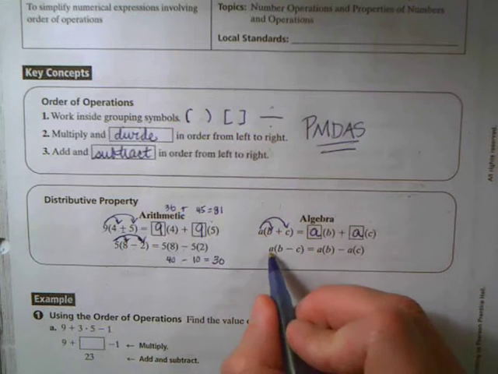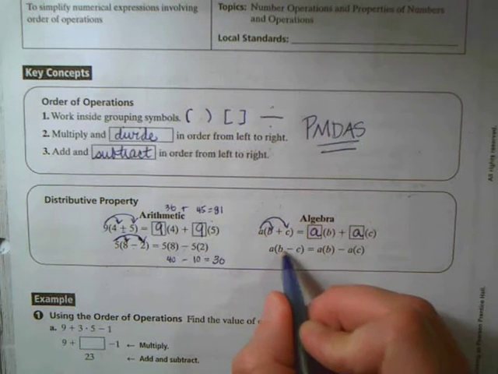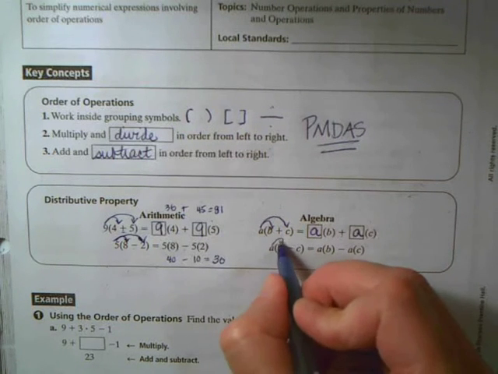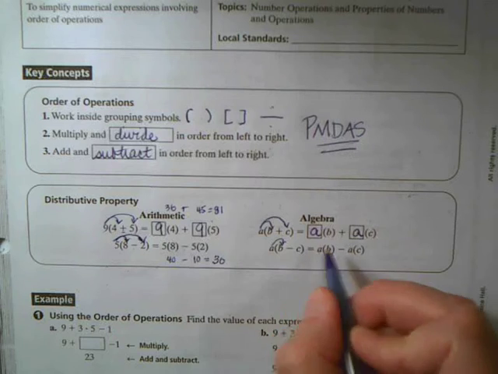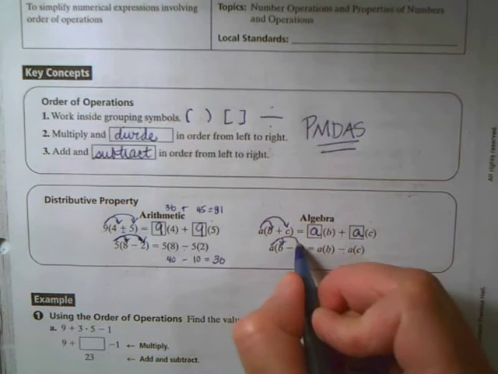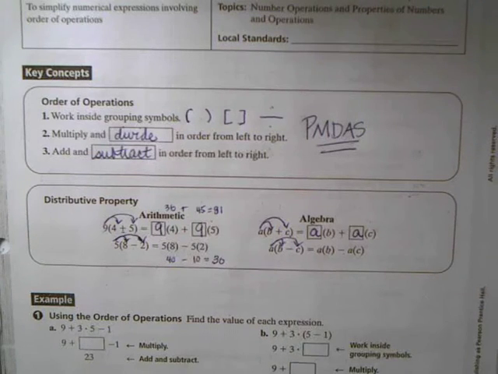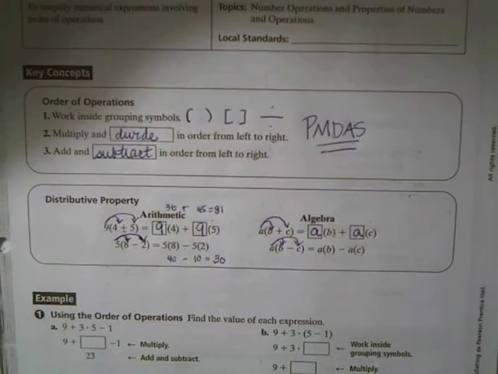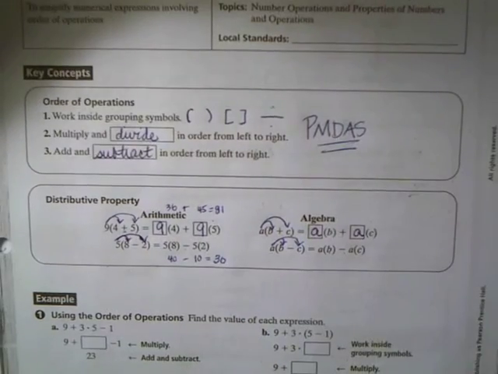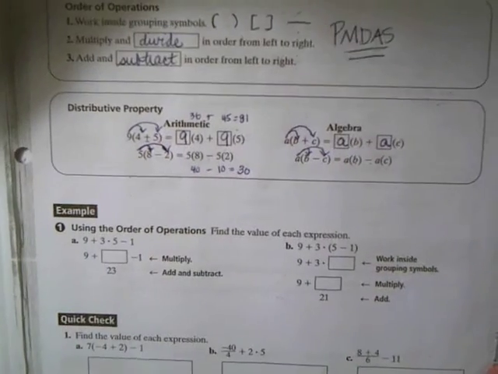Similarly, A times the quantity B minus C results in A times B minus A times C. So the A gets distributed both to the B and the C that are in the original parentheses. All right, so that was a quick go through of our concepts for this section.